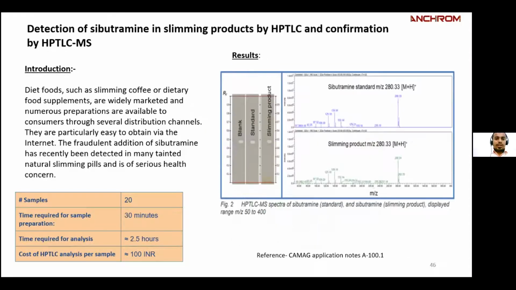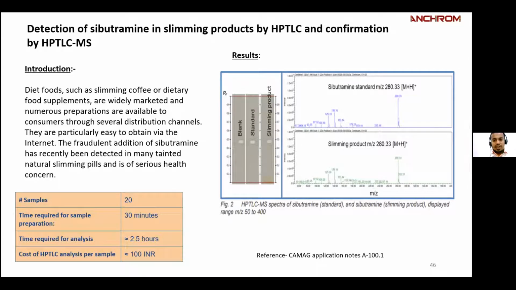Detection of sibutramine in slimming products by HPTLC and confirmation by HPTLC-MS. Sibutramine is a drug which is not allowed, but it is added in slimming products like green tea, whatever is available. They are adding sibutramine, orlistat, to reduce fat.